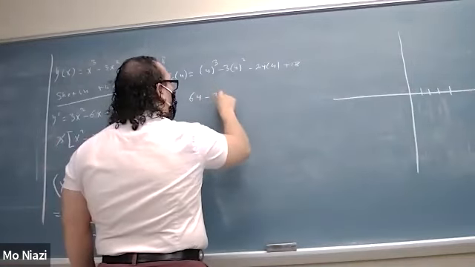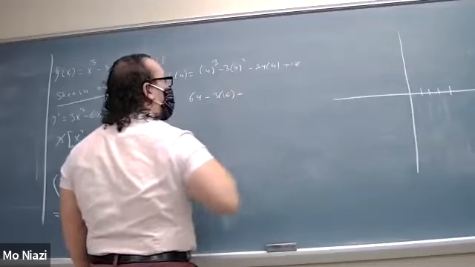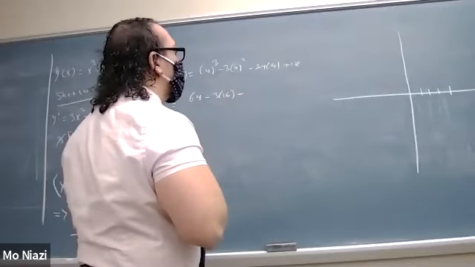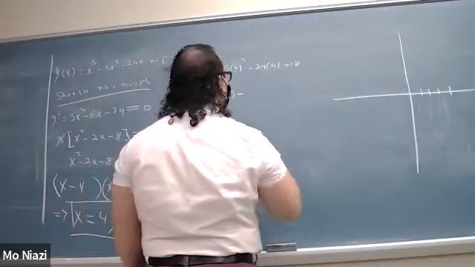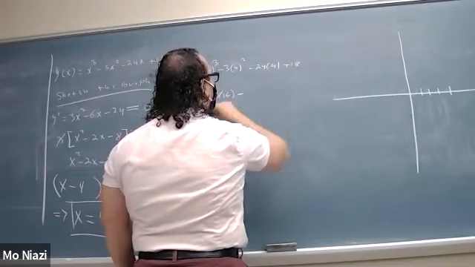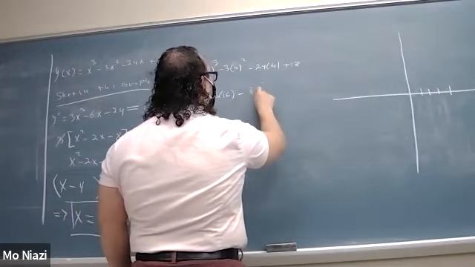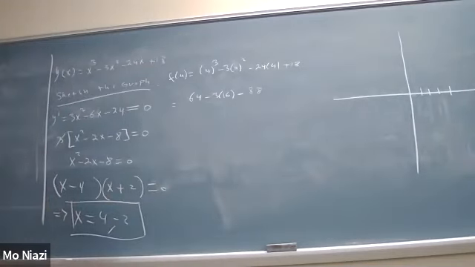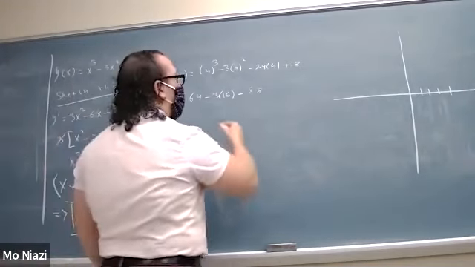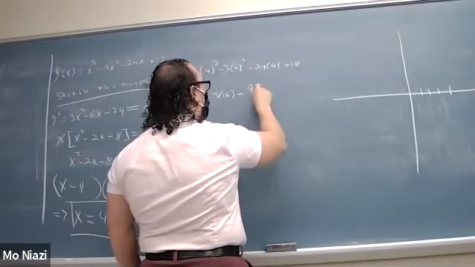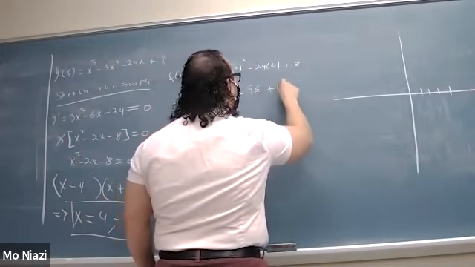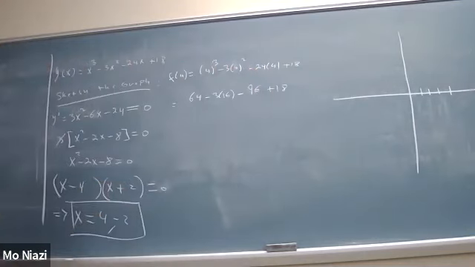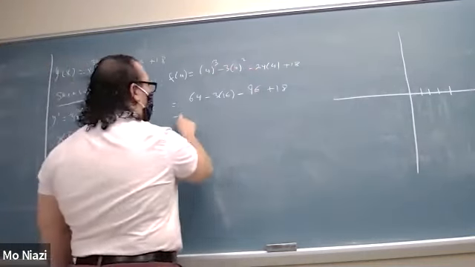Minus 3 times the 16, minus 4 times 24, that's 96? There you go. So there's the 18. Now we combine these numbers. What should we get here?